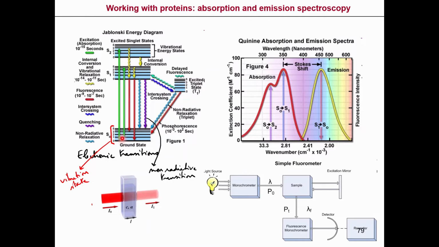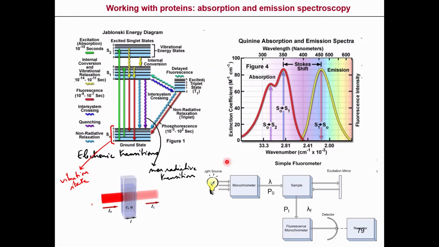So the energy of the fluorescence, the length of the arrow, is always lower than the energy absorbed.